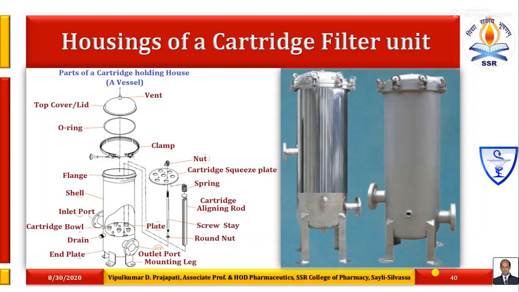It is the metallic type and the plastic type. So the second image shows the first one is a stainless steel housing of a cartridge filter unit, and the second one is a matte finish cartridge filter house.